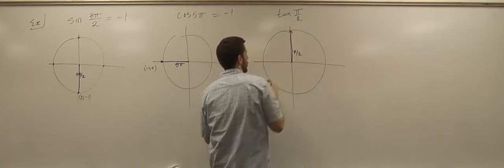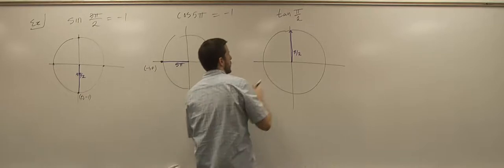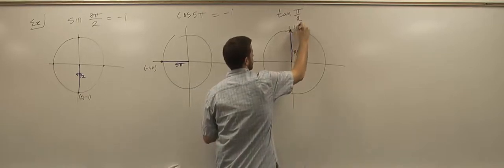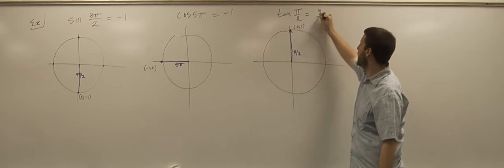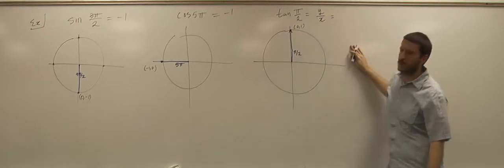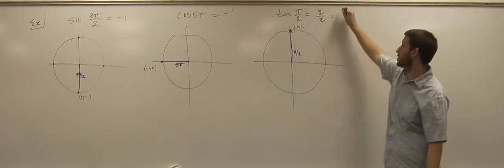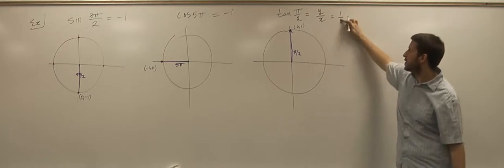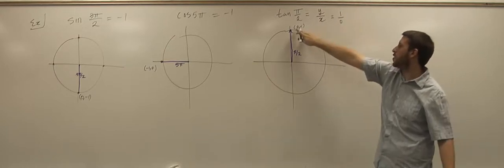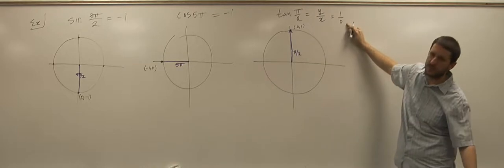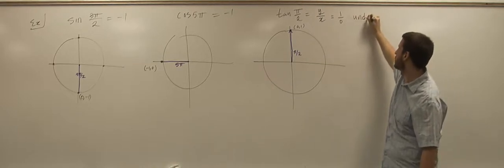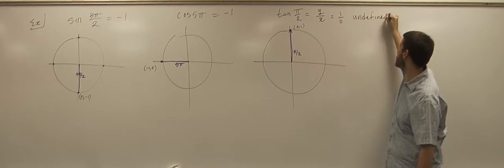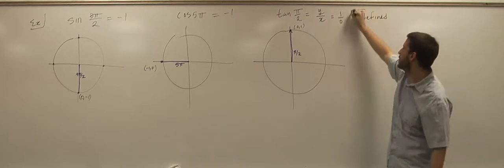So my x and y values are 0, 1. Tangent, though, is y over x, which is 1 over 0. Uh-oh. 1 y, 0 x, 1 over 0 is tangent. That's undefined. So tangent's undefined at pi over 2. You can't divide by 0. You cannot have 0 in the denominator.